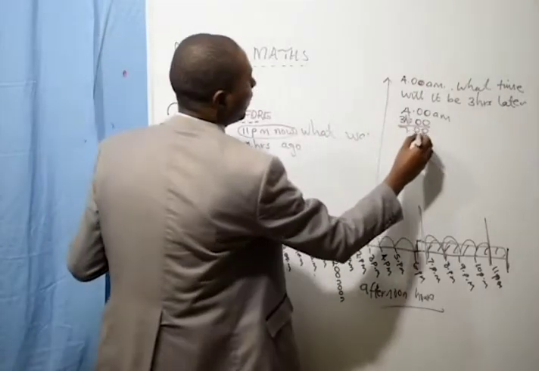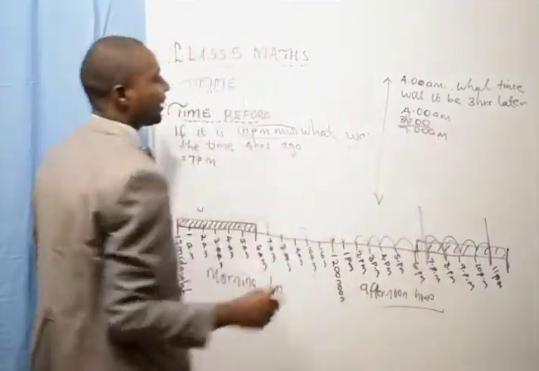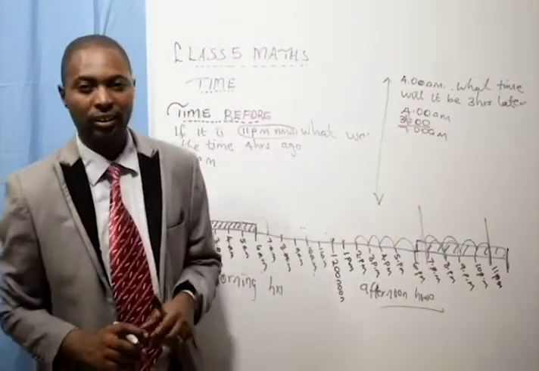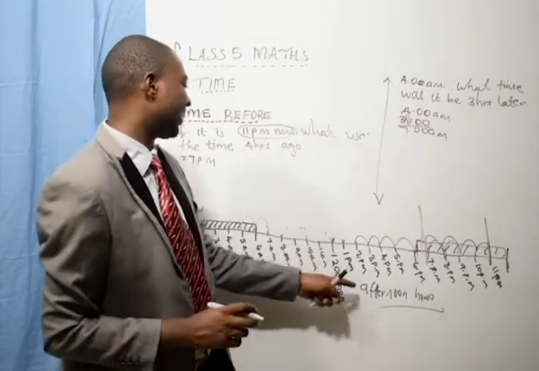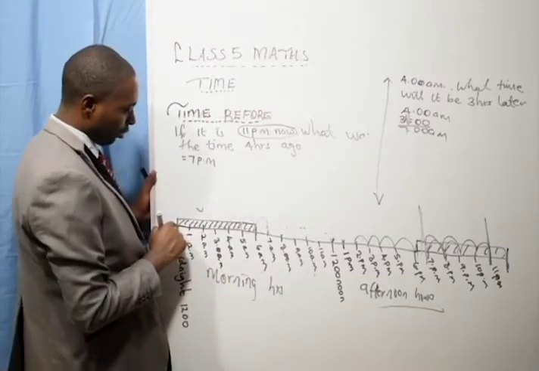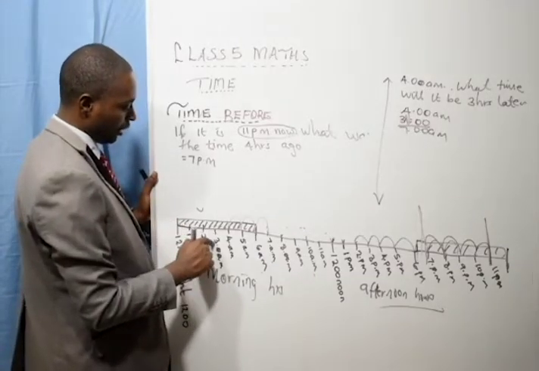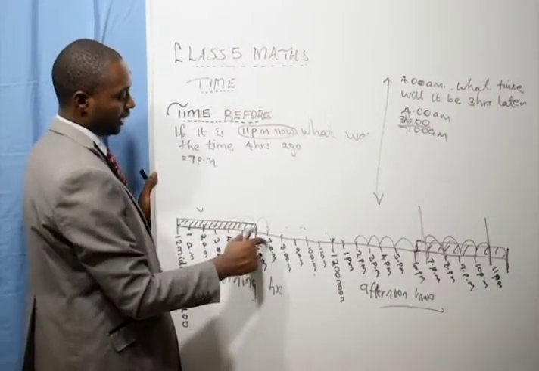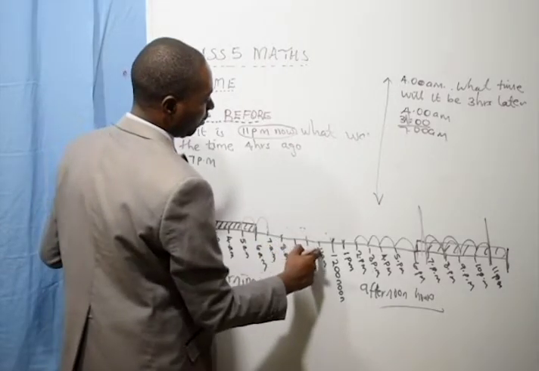It will be 7. Anytime you realize that the answer is not more than 12, that answer is always in AM. Because if I count all the hours from here, I'll get 1, 2, 3, 4, 5, 6, 7, 8, 9, 10, 11, 12.